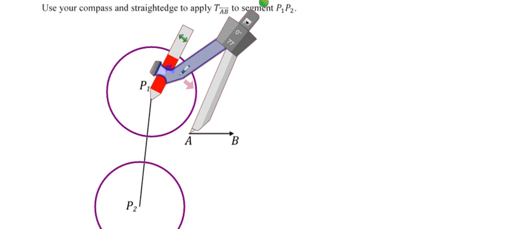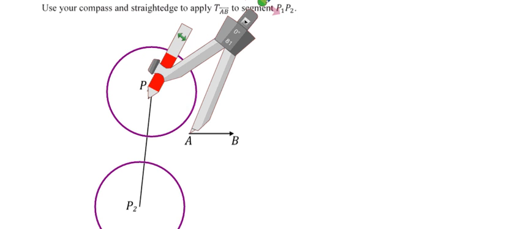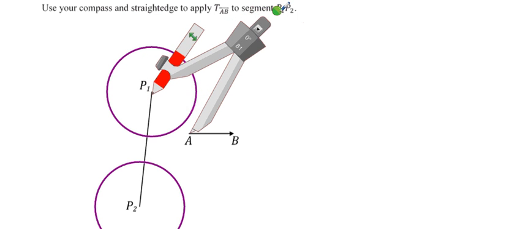So all I want to do is open up my compass so that the point of my compass is on point A, and the pencil part of my compass is measuring that distance from point A to P1. And then I want to maintain that distance. I want the distance from wherever P1 ends up to point B to be the same thing.